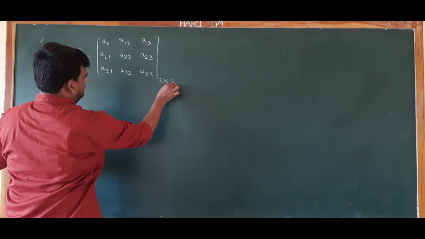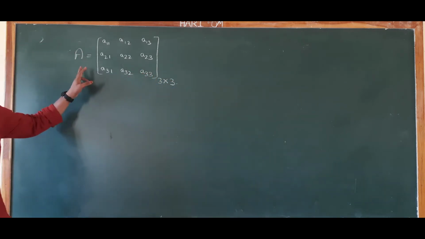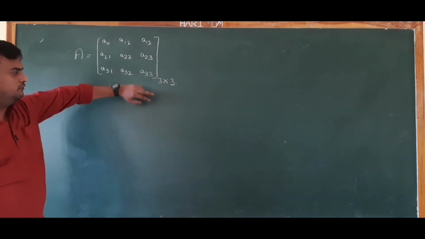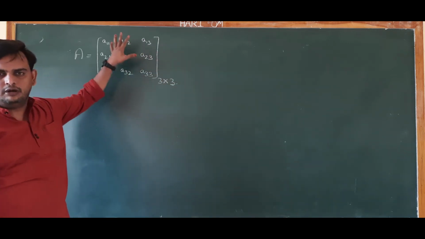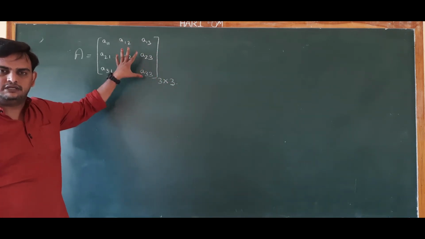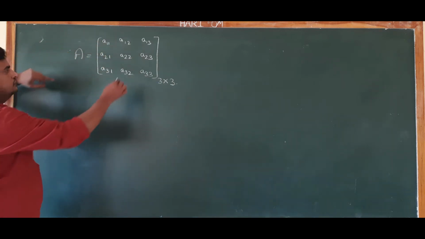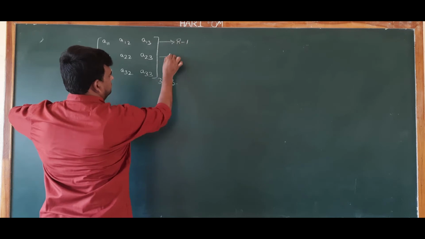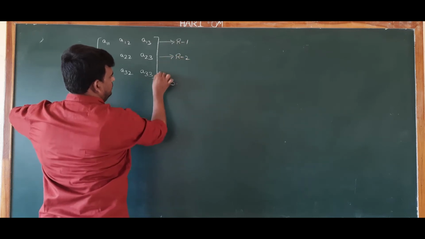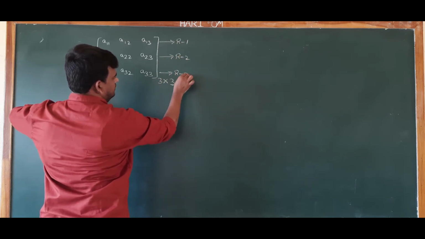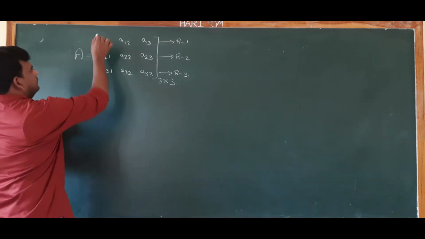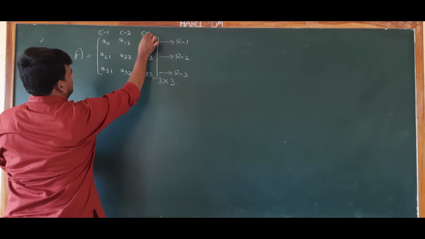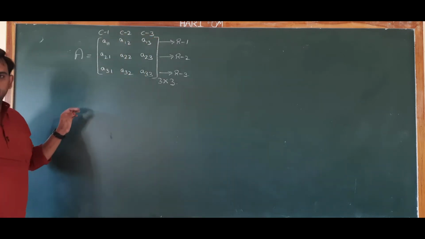This is a square matrix with 3 rows and 3 columns, so we have 3 times 3, that is 9 elements. We can call them row 1, row 2 and row 3, and column 1, column 2 and column 3.